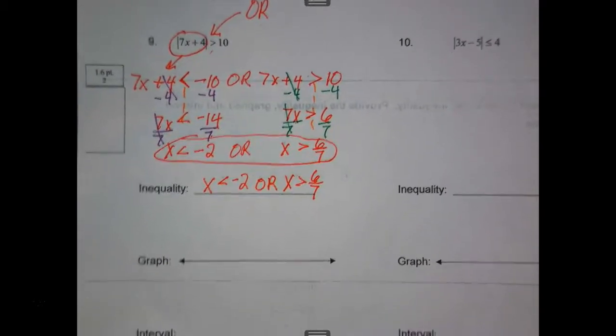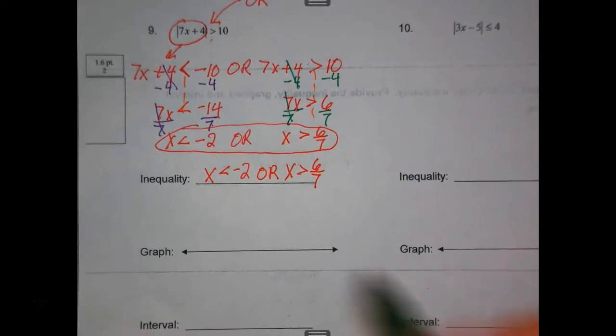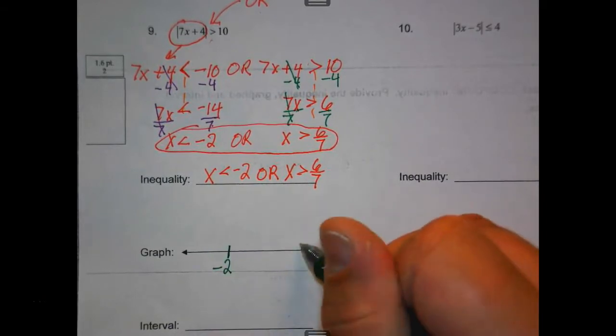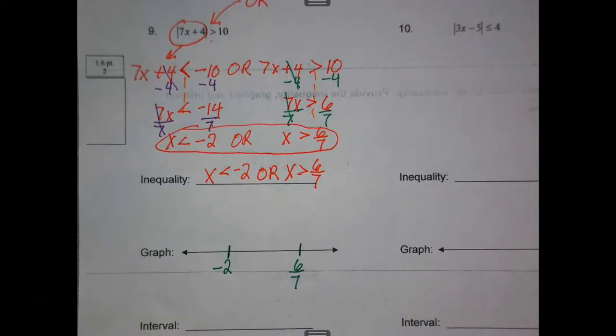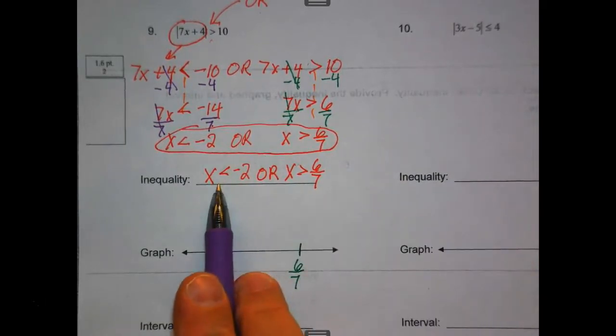I had some interesting graphs, too. My lowest number is what? Negative 2. My highest number, 6/7. It's an OR problem. Which way is my graph going to go? Well, follow the arrows.